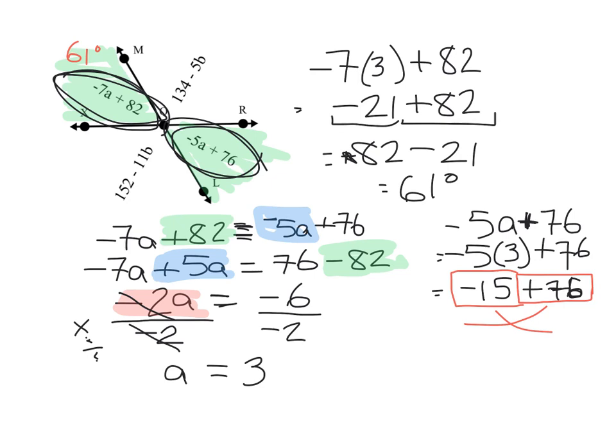So positive 76 is 76, because remember, you don't say I'm positive 14, you just say I'm 14. And then the negative 15 I'm going to put over here. And suddenly it becomes easy. Instead of integers, negative 15 plus 76, and everyone panics, now we've just got 76 take away 15. So 70 minus 10 is 60, 6 minus 5 is 1, so I have 61 degrees.